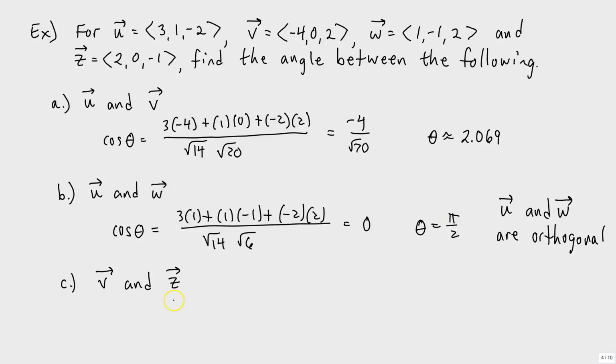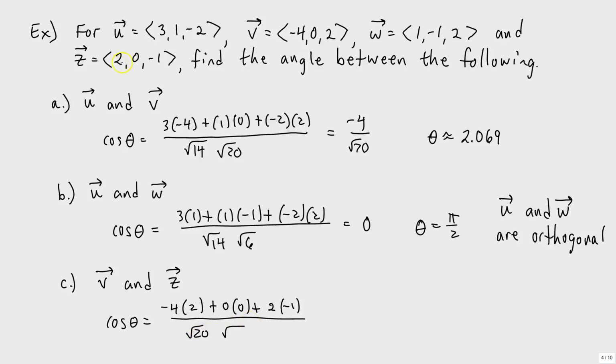How about the angle between vector v and vector z? So cosine of that particular angle, let's see, we're doing v and z, so we need their dot product. And the magnitude of v is principal square root of 20.